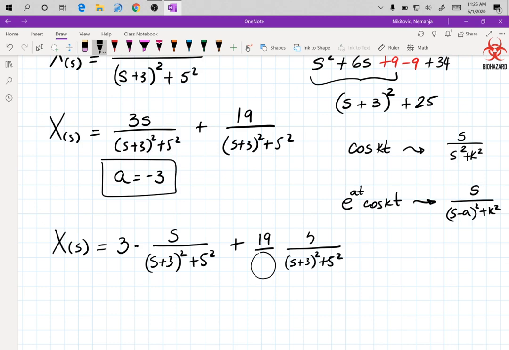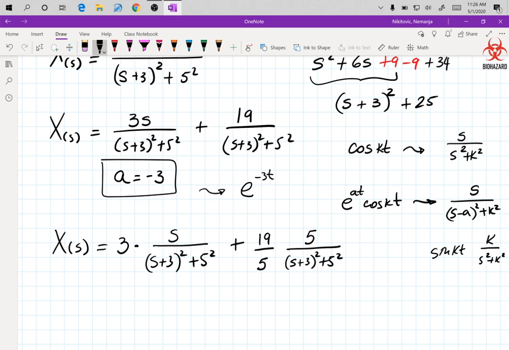You see, for sine kt, I need k over s squared plus k squared. So my k is 5, so I have to have 5 up there, which is why I left this spot on the bottom to fill in the counter 5 that we need for it. All right, so now this a equals -3 will spit out e to the -3t multiplier for the whole inverse.